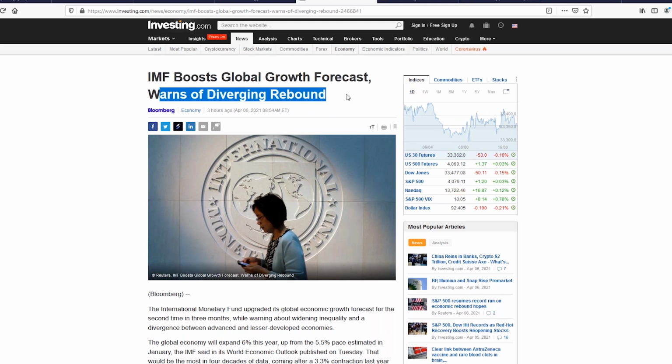They are warning that third world type lower income countries may have a worse time, and the more technically and economically advanced countries will be the ones with strong, robust recoveries. So that's a bit of a divergence, they're saying, between those who will do very well and those who may struggle after this COVID crisis.